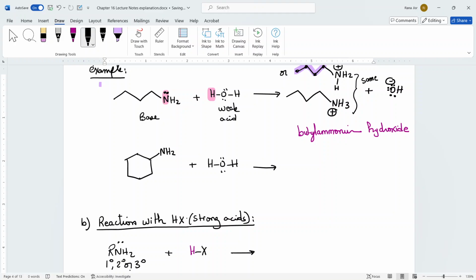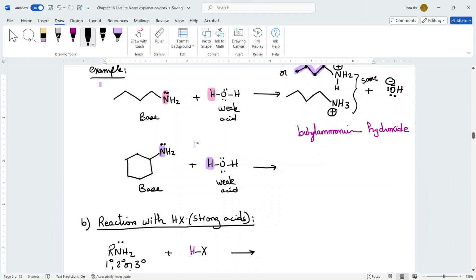Another example, again, water here is behaving as a weak acid. I need to locate the acidic hydrogen. So this is going to be the acidic hydrogen. This is going to be the basic nitrogen. Please always put on the lone pairs, so that I would know that the nitrogen, from its lone pair, is the basic part.